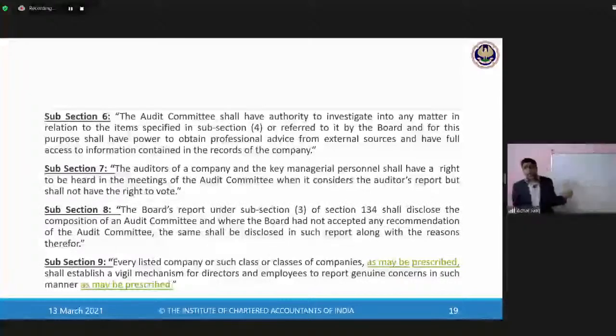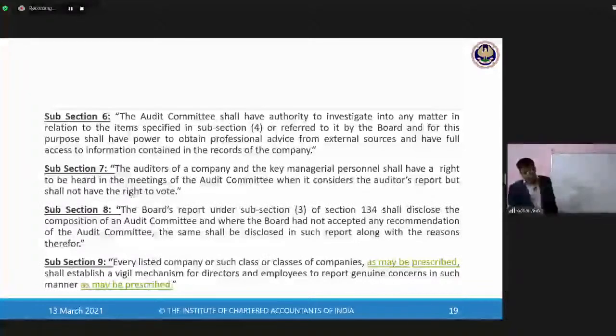Now, if you go back to the LODR regulations, therein we saw the same point. They have the power to investigate into the affairs as per the terms of their reference. And of course, something which is assigned by the board is what? That is their terms of reference. So can you see a lot of duplication taking place? But it's good. It's good that we are revising all of these points through the requirements of the Companies Act once again.